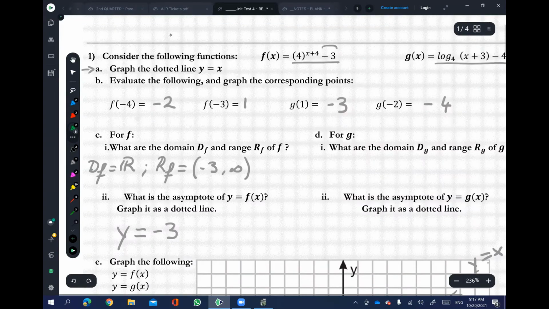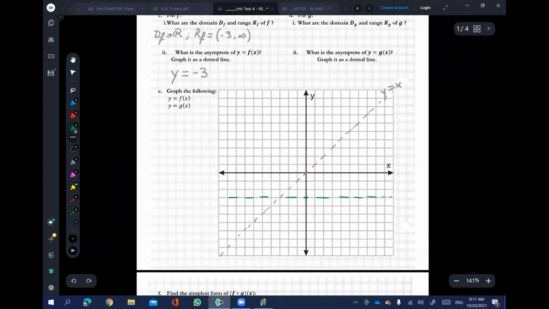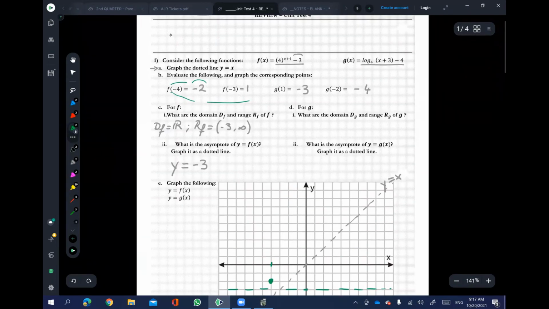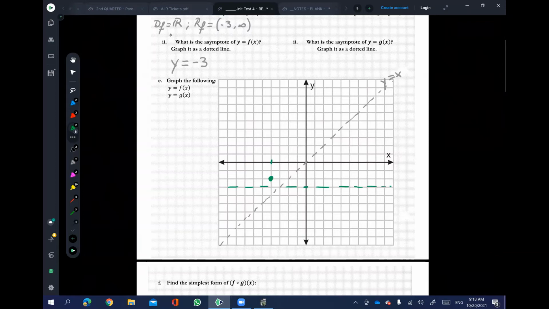And you were asked for part B to graph those. So I have -4, -2 right here, and I'll have -3, 1. That is enough.